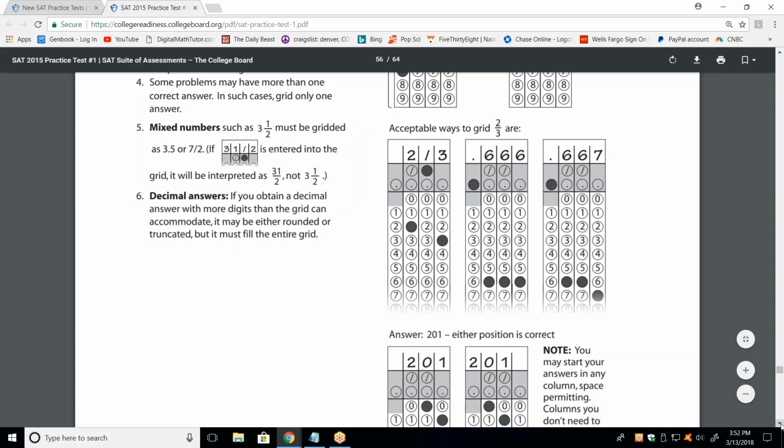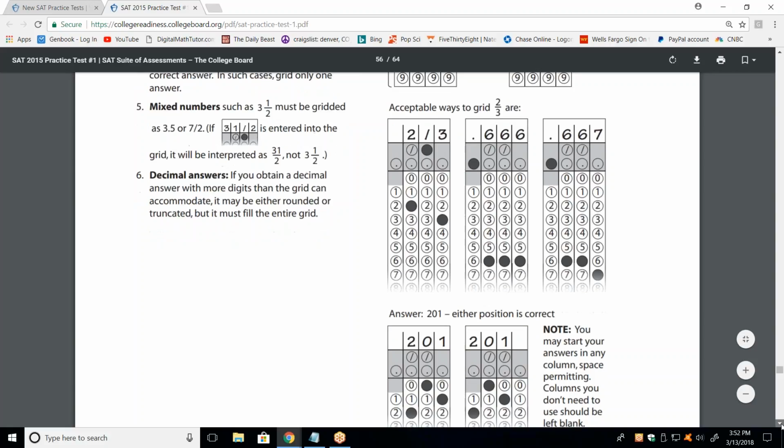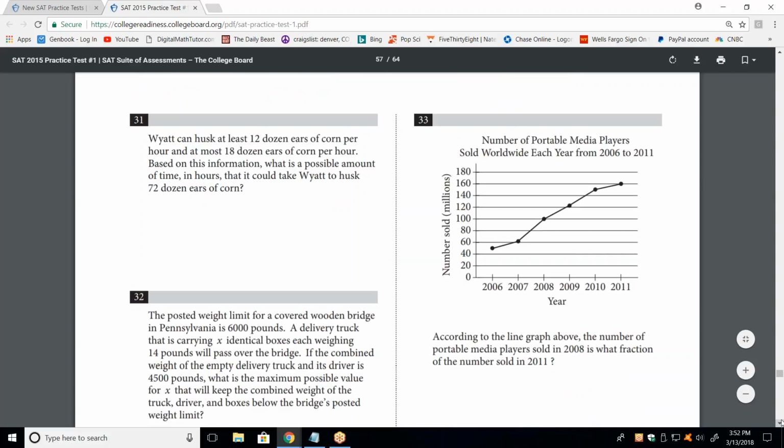But now that we go to the grid-in with calculator, these are going to be easy in the beginning. So don't be fooled by the number 31. This 31 is an easy problem, even though number 30 was a tough problem. It's because each section restarts its easy, medium, hard.